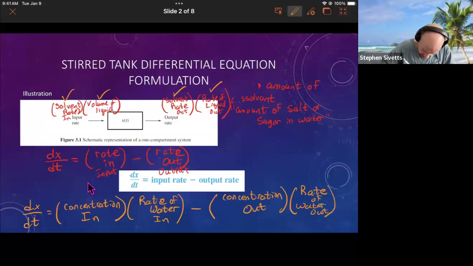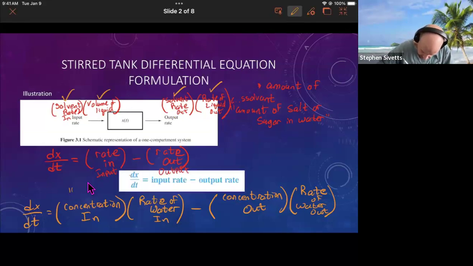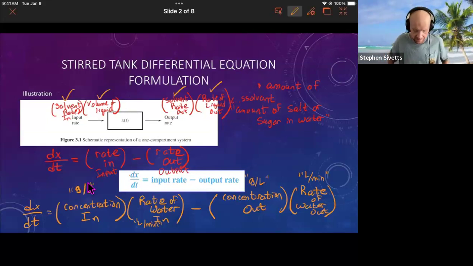Okay, and so let me write out the units here. So this is grams per liter, and this is liters per minute, right? Typically. And this is grams per liter here, and this is liters per minute. So you should have a differential equation with respect to time, right?